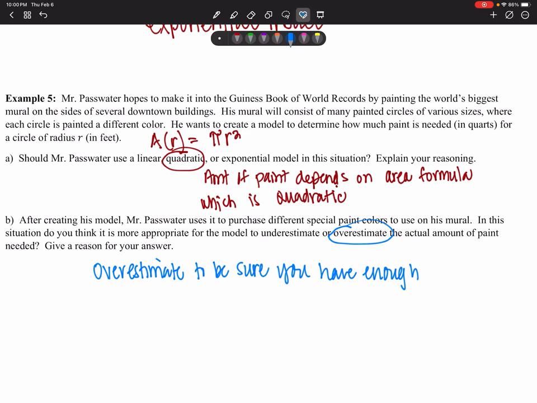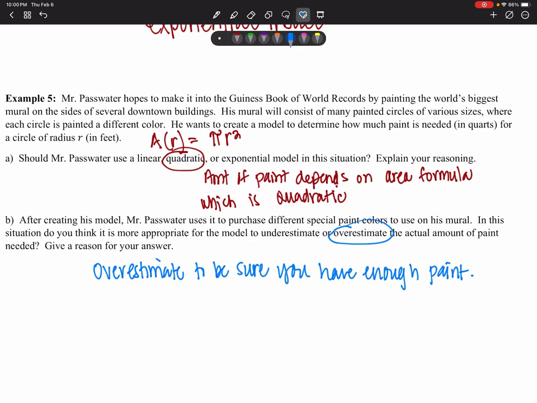If you underestimate, then you're going to get stuck with not enough paint and potentially not even having a great color match when you do get the paint. So overestimate to be sure that you have enough paint to get the job done. You'd like a little bit left over rather than have a little bit left that's undone.